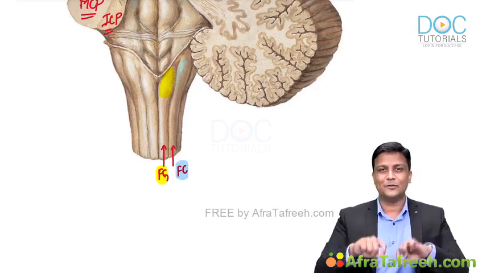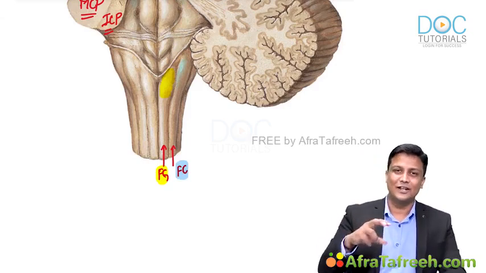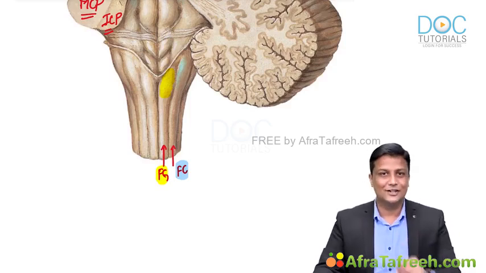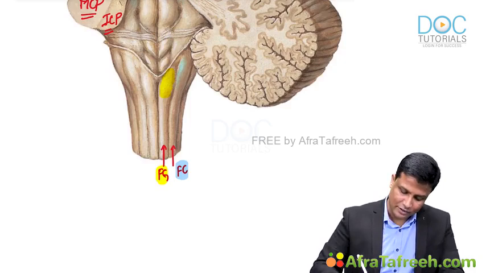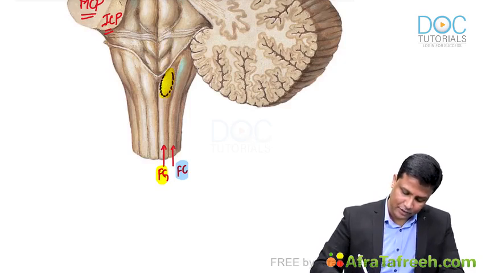And again the same concept here, because of those nuclei you are able to see two elevations there guys, and these elevations are known as tubercles. So this will be the gracile tubercle, and lateral to that this one will be the cuneate tubercle.